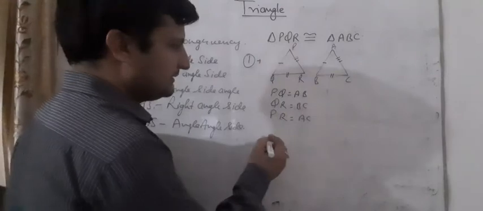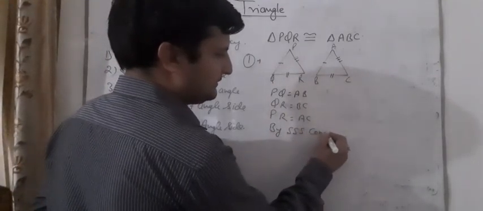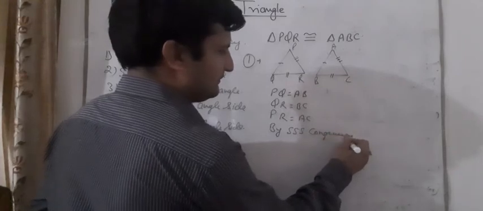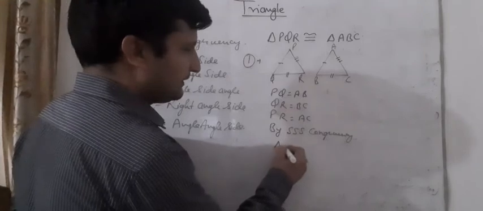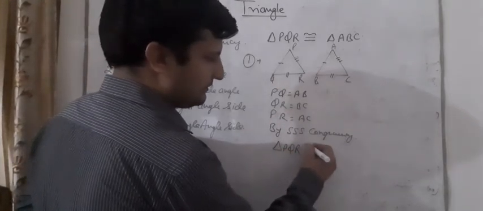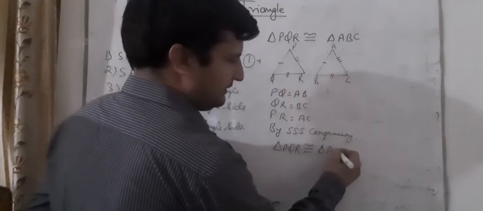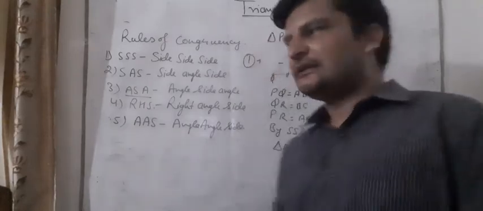So what we can say is that by SSS congruency, triangle PQR is congruent to triangle ABC. It means we have fulfilled these three conditions.